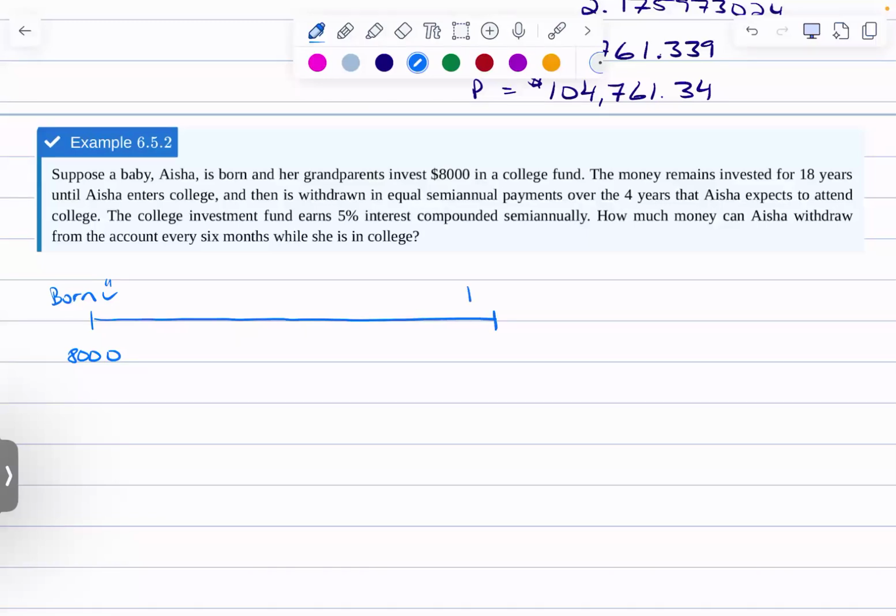I guess I didn't need to draw the length of the timeline proportionately, but it's gonna sit there for 18 years. Right? And so phase 1 is, okay, this is going to grow to some accumulated amount. And here, I'll call this P, that's your principal investment.